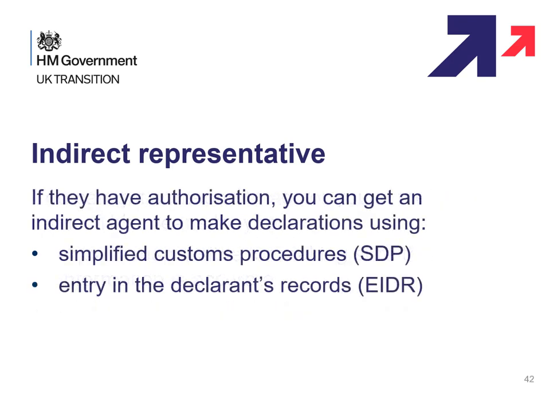If they have authorization, you can get an indirect agent to make declarations using the Simplified Declarations Procedure, that's SDP, or the entry in the declarant's records, that's EIDR. For more information about getting someone to act on your behalf, go to gov.uk.